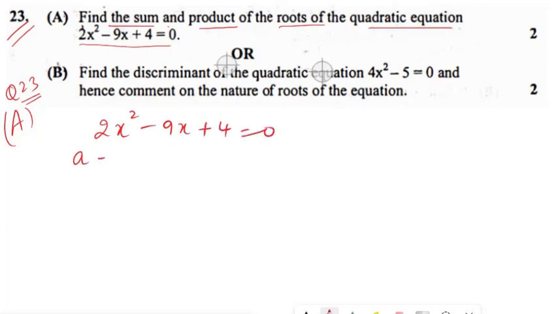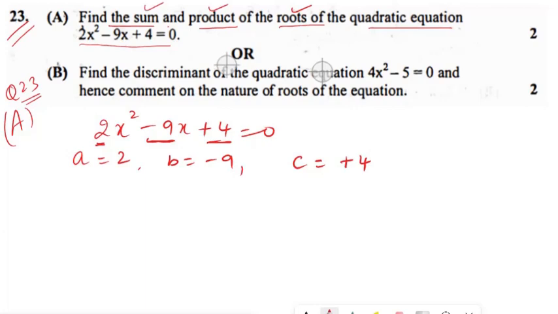So the value of a is 2, this is a. This with sign is b, minus 9, and c is this plus 4. So first of all, identify the value of a, b and c. Then find the sum and product of the roots.